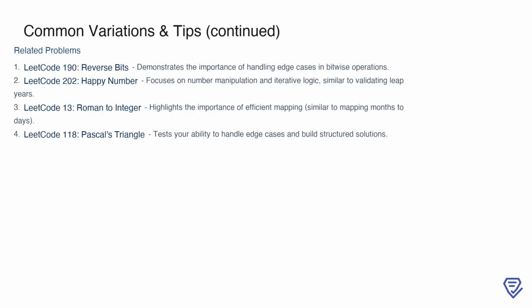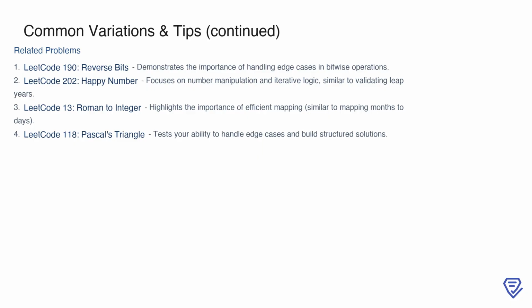This problem is also connected to several other LeetCode challenges that test similar skills. For instance, LeetCode 190, Reverse Bits, emphasizes the importance of handling edge cases, which is a key aspect when validating month and year inputs. Similarly, LeetCode 202, Happy Number, focuses on number manipulation and iterative logic, which parallels how you might approach leap year calculations.